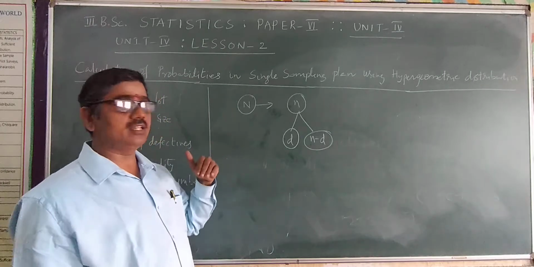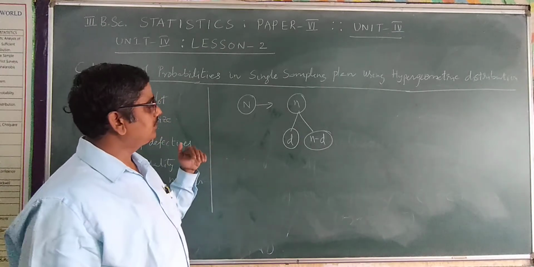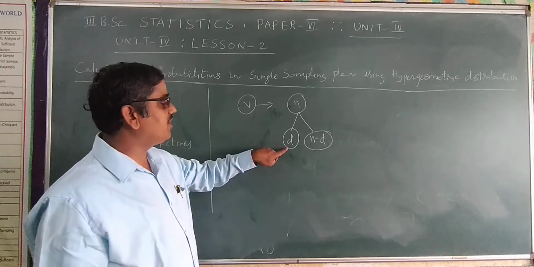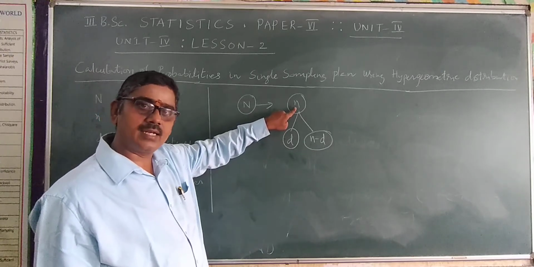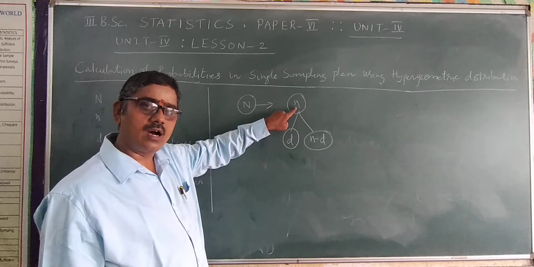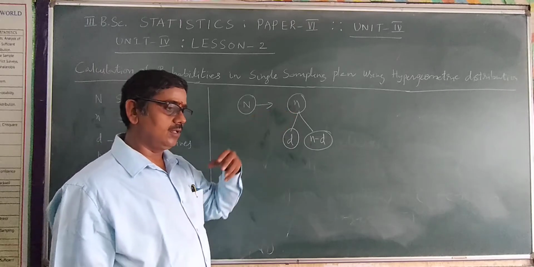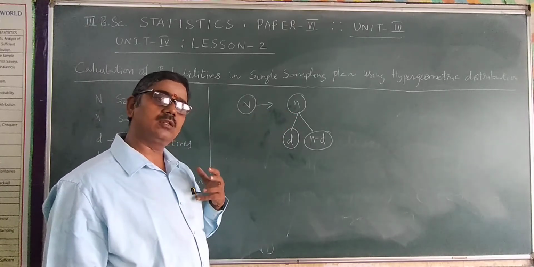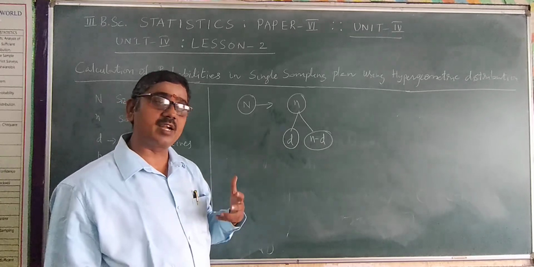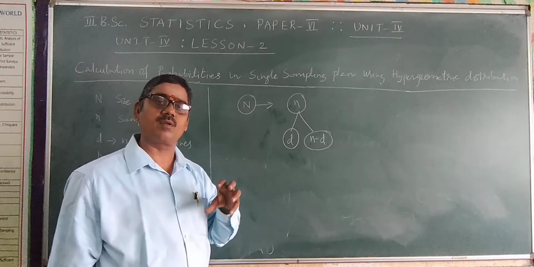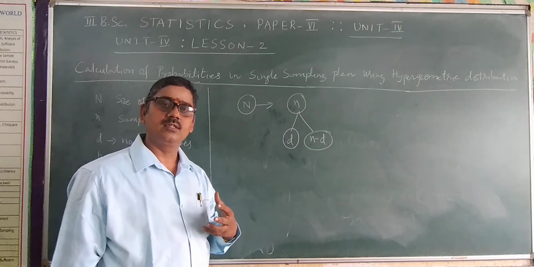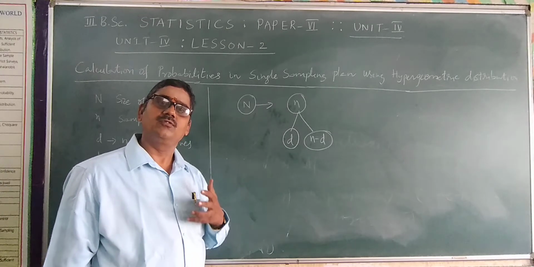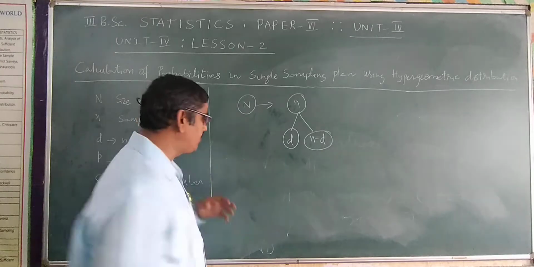If d is the number of defective items found in the sample of size small n, then consider the probability of getting defective items, observed from a long sequence of lots from the repetitive process, to be small p.